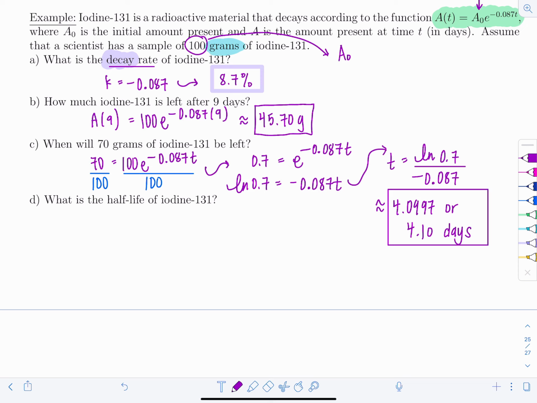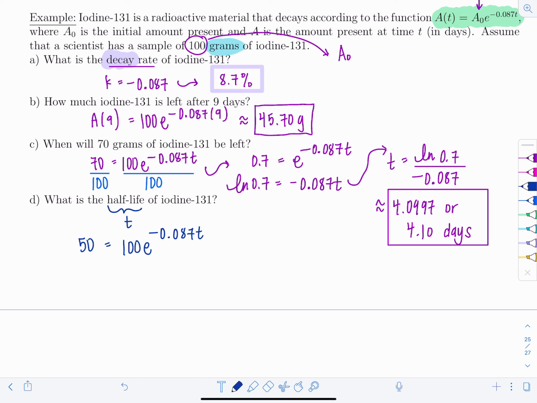Last part, what is the half-life of iodine-131? So when they're asking for the half-life, you're finding t. You're finding the t that it takes for half of the initial amount to decay or to remain. Depends if you're a half full, half empty kind of person, huh? So if we start with 100, that means the final amount is going to be 50. So that would equal 100 e to the negative 0.087t.